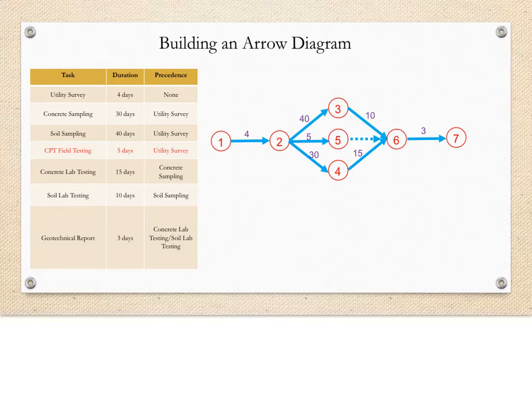However, it's still needed to be performed before task 6.7, the report writing. So we draw this dashed arrow to show that while there is no task 5.6, event 5 needs to happen before event 6.